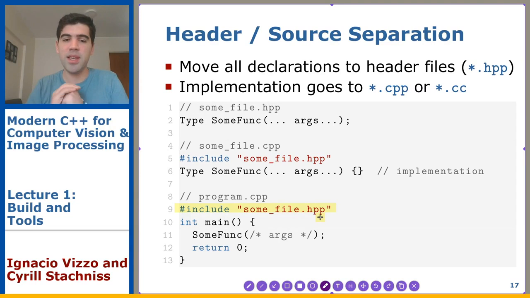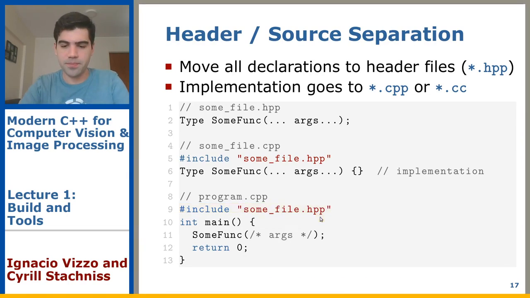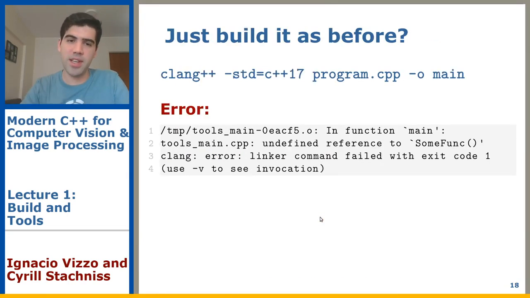So you can go up to step number 3 in the compilation pipeline without any issues, right? The thing is, when the linker gets invoked, it will try to search for the symbols of this function, and it will not see the function. Why is this? Because the implementation is not there.